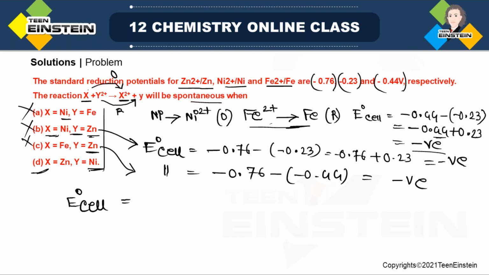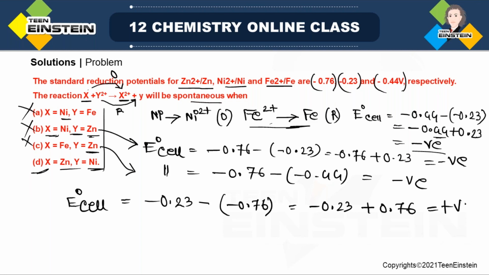So now the cathode system is nickel, with value minus 0.23. For the cathode system we first write the potential value, and then the potential value for the anode system. So for Zn it is minus 0.76. Now it is positive, right? As it is positive, this reaction will be spontaneous.